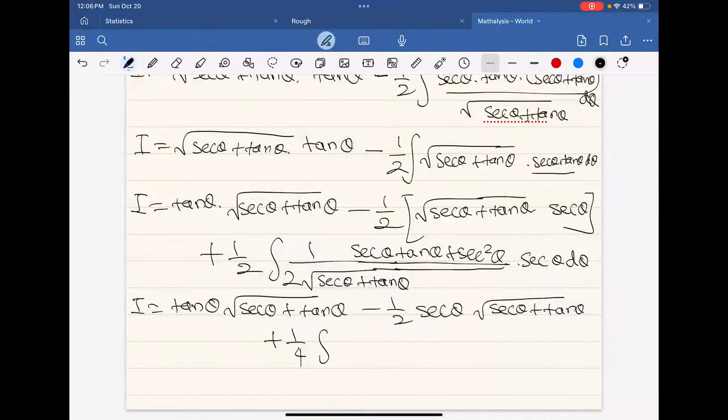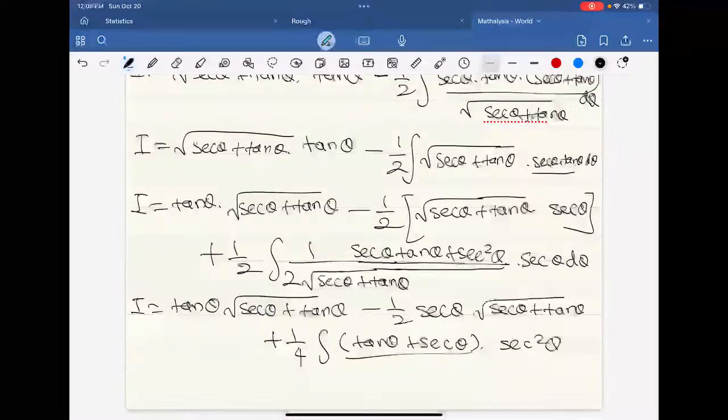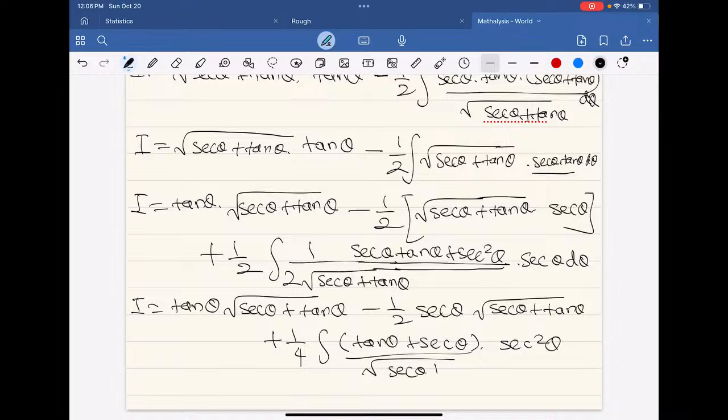Now there will just be sec theta common. So we will have, step by step, tan theta plus sec theta times sec square theta divided by square root of sec theta plus tan theta d theta.